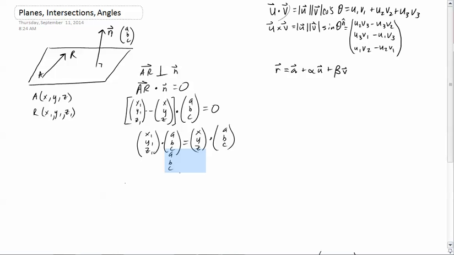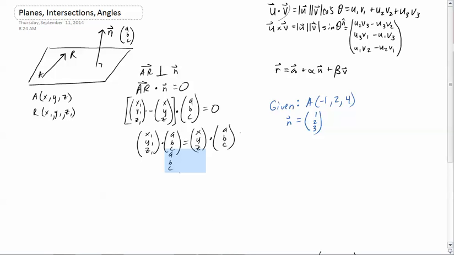Now that would be helpful in the situation that, let's say that I'm given a point. So given point A, which is -1, 2, and 4, and let's say that the perpendicular vector, or n, is 1, 2, 3, and we want to write a Cartesian equation for the plane that includes this point and has that normal vector.